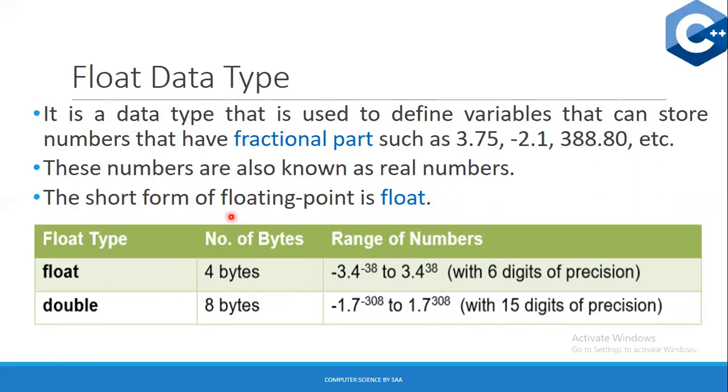The short form of floating point is float, that we use in our C++ programs. It is of two types, float and double. Float takes 4 bytes of memory and double takes 8 bytes of memory, and this is the range of the numbers that can be stored in the float data type.